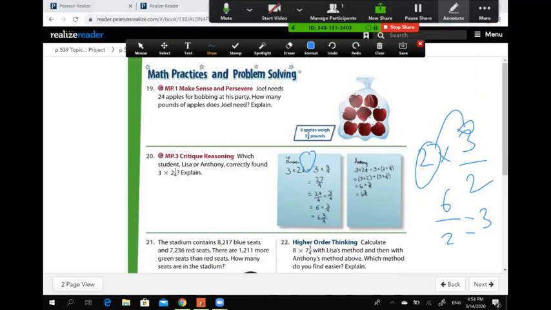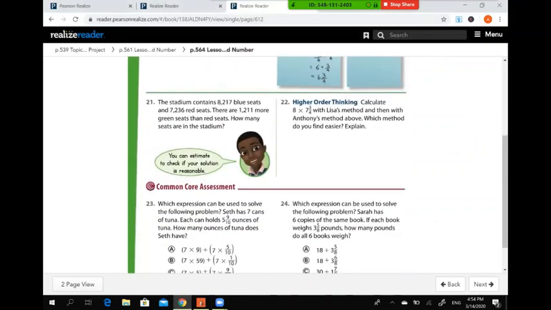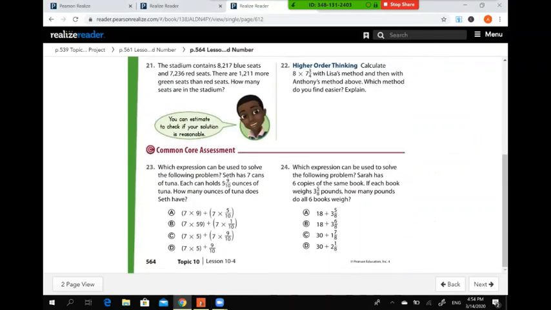Question number 23. Which expression can be used to solve the following problem? Seth has 7 cans of tuna. Each can holds 9 over 10 ounces of tuna. How many ounces of tuna does Seth have?